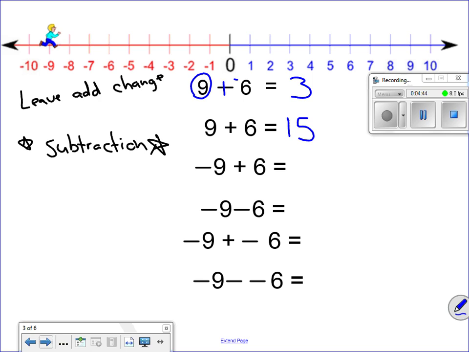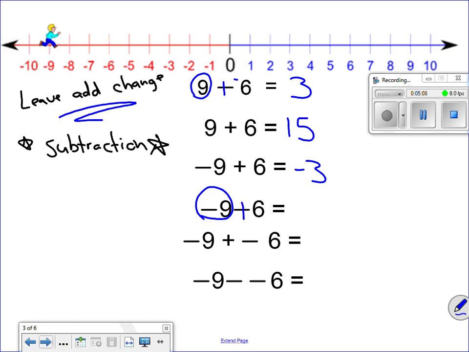Negative 9 plus 6, since it's adding, we don't have to do leave, add, change, so keep that in mind. Negative 6 and 6 would give me a negative 3, because my bigger number is a negative, so my answer has to be negative, okay? Negative 9 minus 6. Leave, add, change. I'm going to keep my -9. I'm going to change my subtraction to adding.